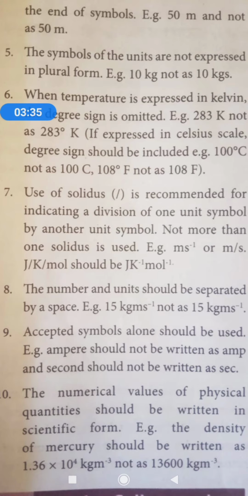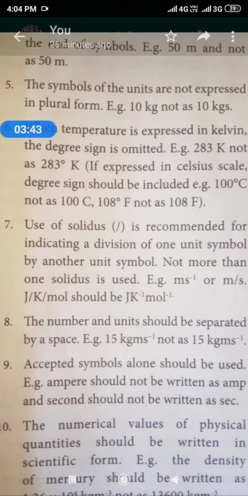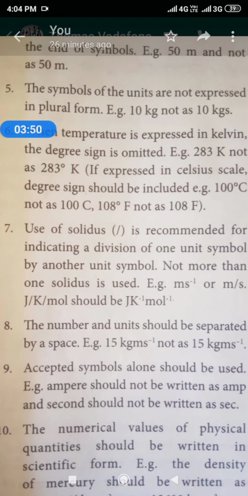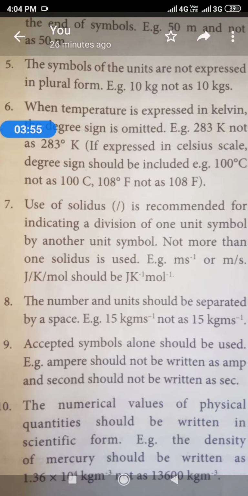Sixth rule, when temperature is expressed in Kelvin, the degree sign is omitted. Example, when we write 283 Kelvin, not as 283 degree Kelvin, but in Celsius scale, degree sign should be included. 100 degree Celsius, not as 100 Celsius. 108 degree Fahrenheit, not as 108 Fahrenheit.